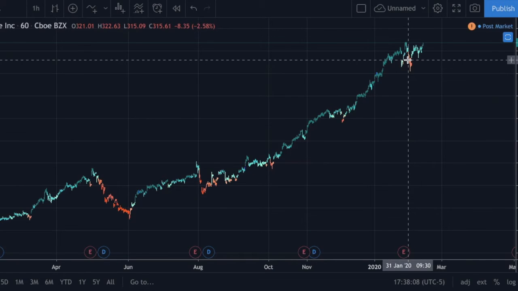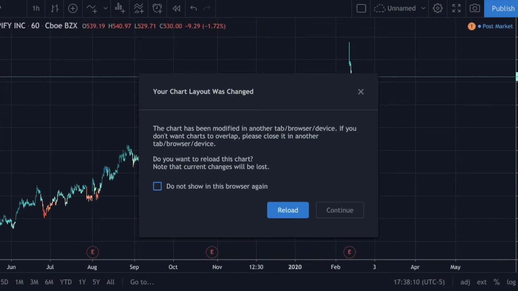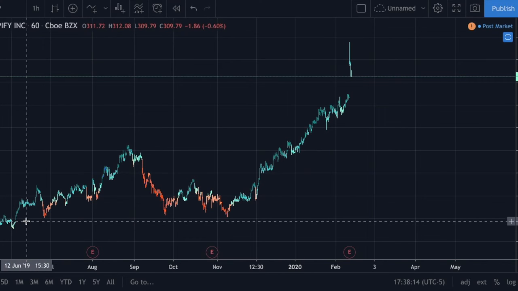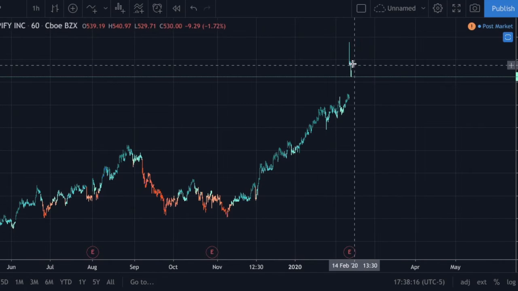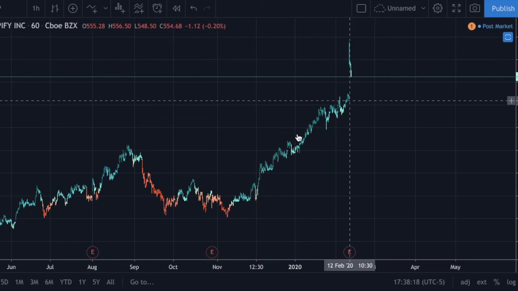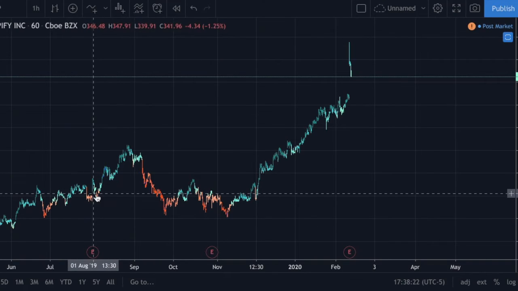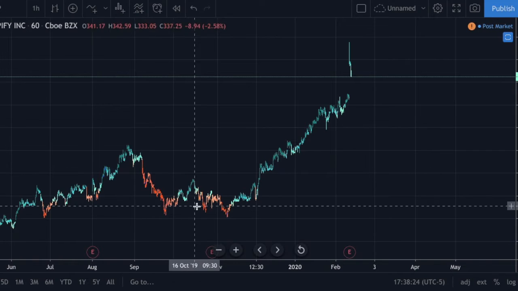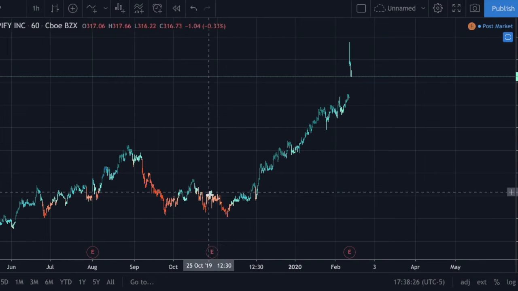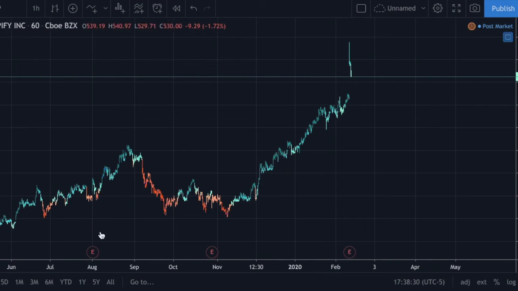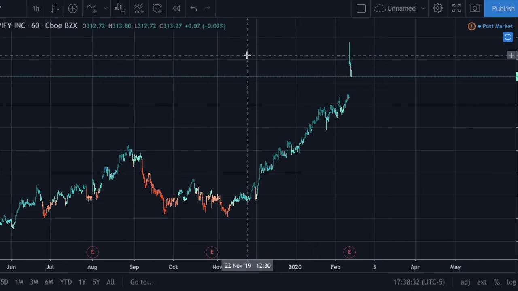Now let's just look at another chart. Let's look at Shopify over here. This is from June 2019 to our current time. As you can see, there was a huge jump in the market. There were 16 trades, and you would have been profitable once again.